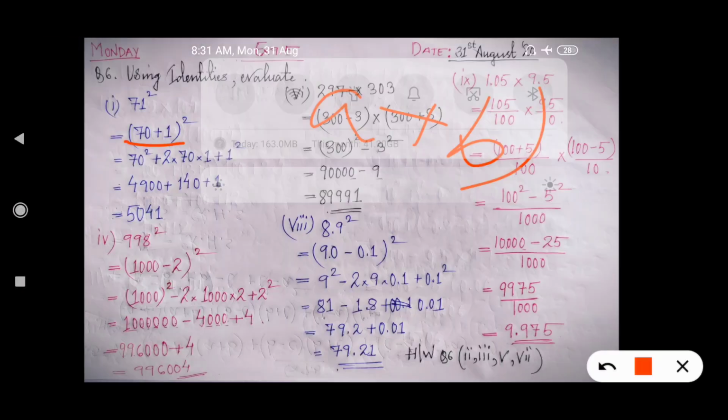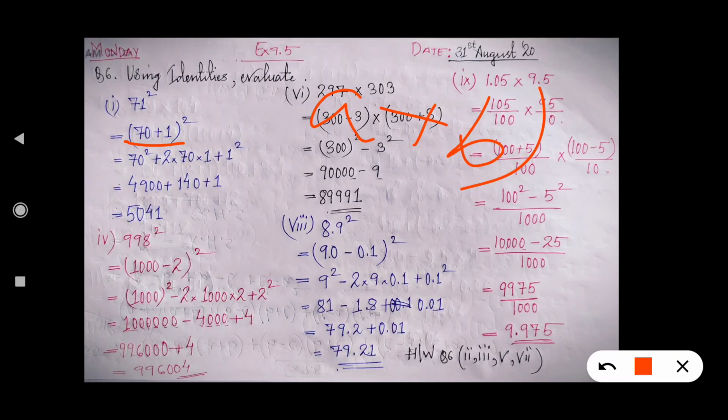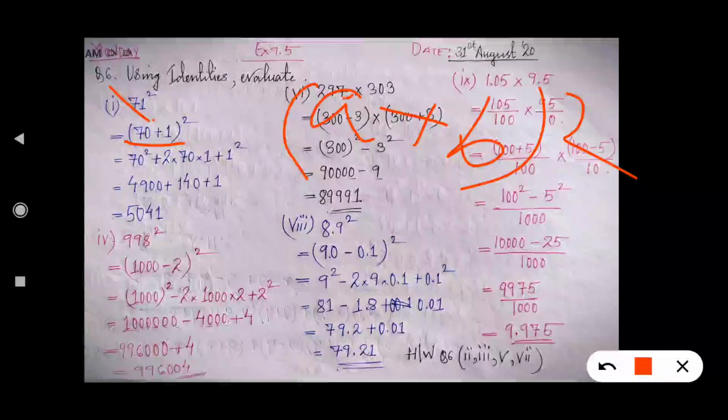If you remember this, our 70 is our a and b is our 1, isn't it? So what is the formula? a square, that is 70 square, plus 2 into a into b, a is 70, b is 1, plus b square, that means 1 square.